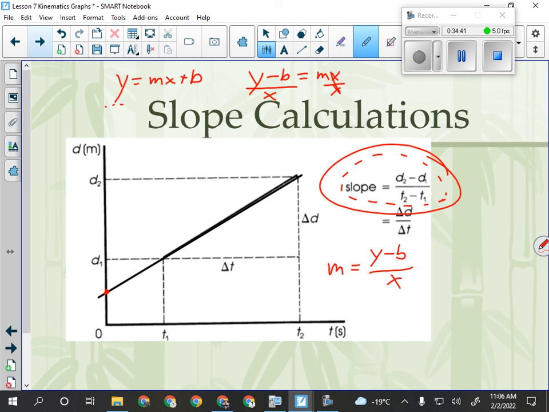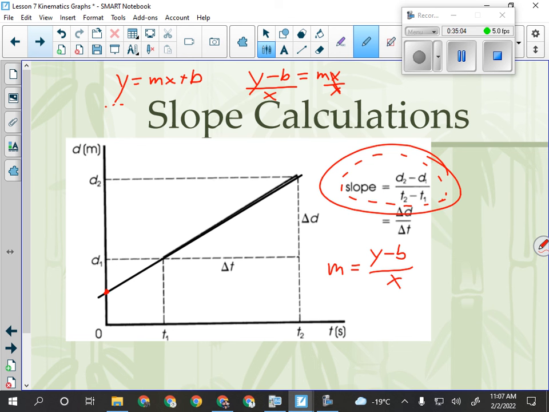When I calculate the slope, what am I actually calculating? The rate of change. The rate of change of what on this particular graph? In this case, it would be velocity, but it could also be speed. So on this graph here, the slope is going to represent velocity.